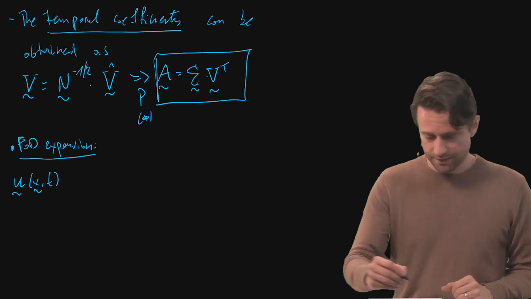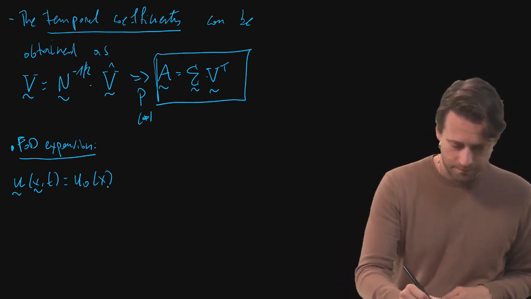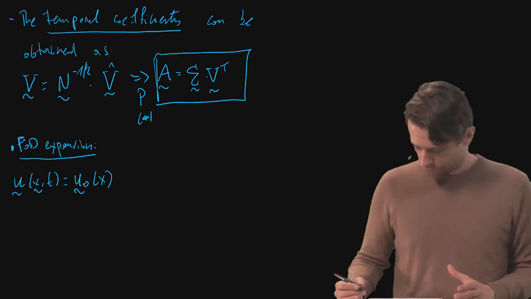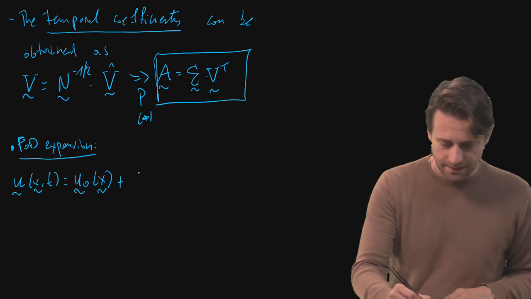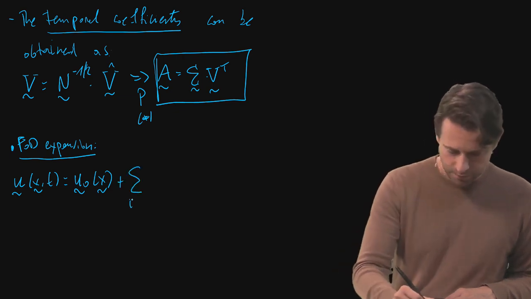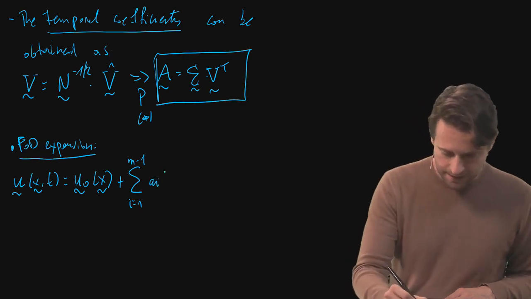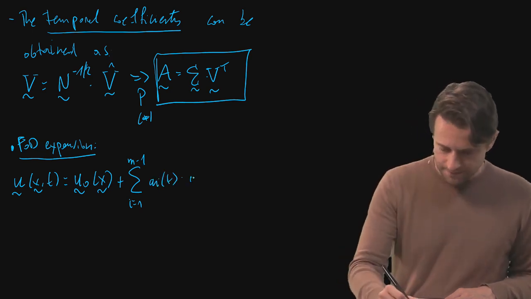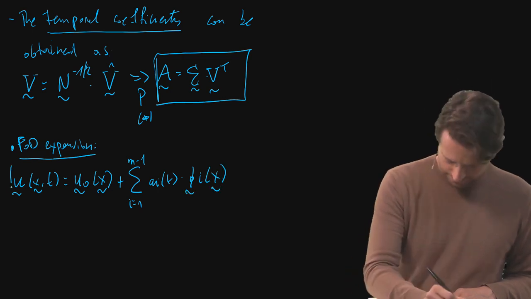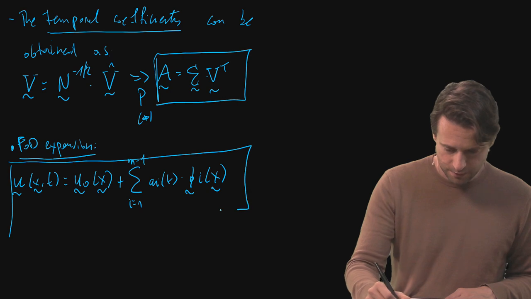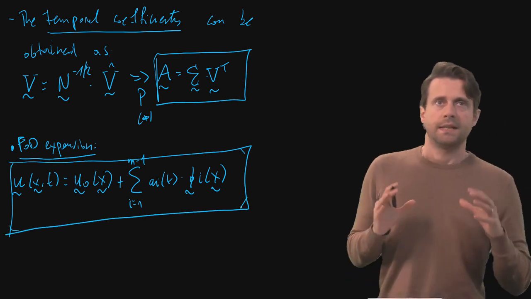So the velocity components are going to be equal to a mean flow, which will be basically the zero mode of the POD expansion, and that depends on x, plus the sum from i equals 1 to M minus 1 of a_i of t times phi_i of x. And this is a vector, and this is a vector. So this is the POD expansion. Let me go in more detail to each of the things in this equation.